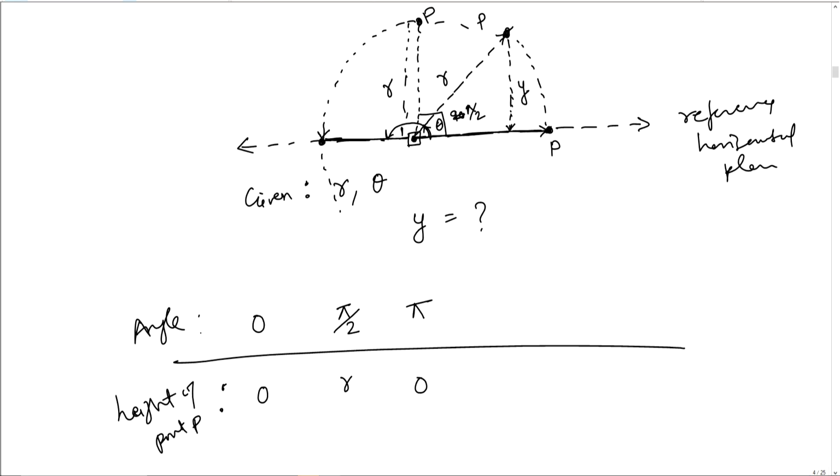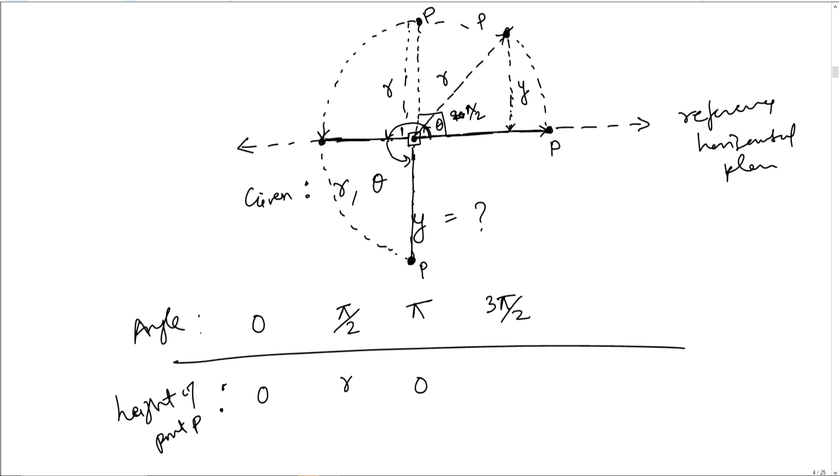Similarly, when the ladder reaches here in the downward direction, so the ladder is now hanging and the point P has reached here, this angle becomes 270 degrees, which is pi plus pi by 2, or 3 pi by 2. At 3 pi by 2, rather than writing r, you should write minus r, because the direction has changed.